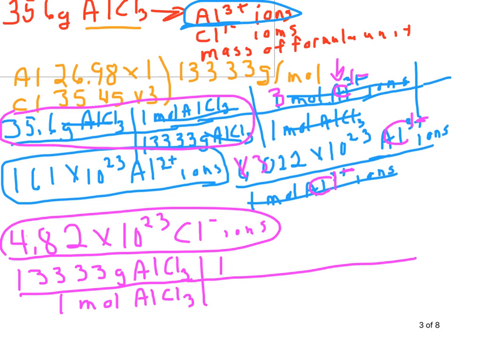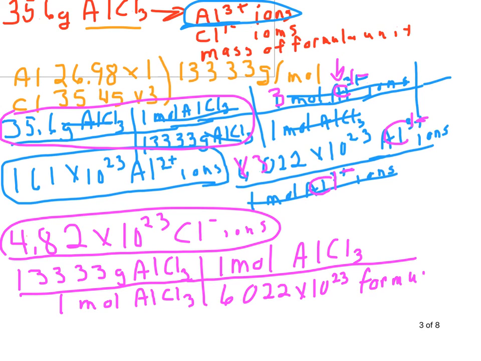But we know 1 mole of aluminum chloride is 6.022 times 10 to the 23rd formula units of aluminum chloride. We use the phrase formula units because it's an ionic compound. The moles cancel the moles, we get grams per formula unit.